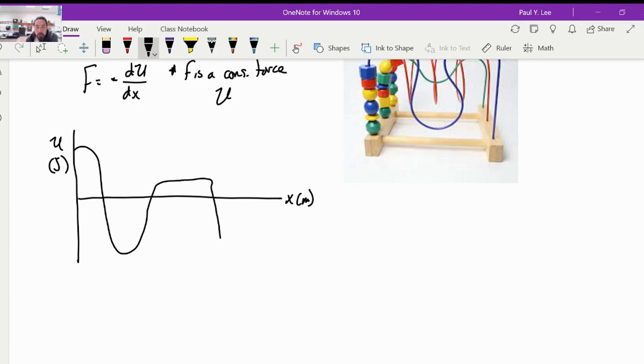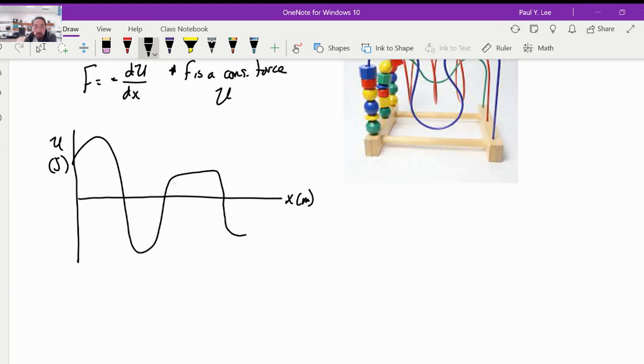Something that looks like that. So let's try it again. There we go. I like that one a lot. So this will be our potential curve.